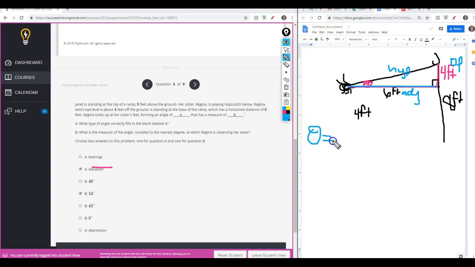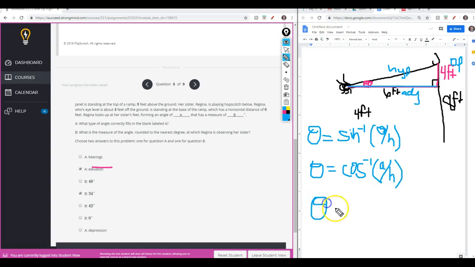The angle could either be sine inverse of opposite over hypotenuse side length, or the angle could be cosine inverse of the adjacent divided by the hypotenuse, or the angle could be the tangent inverse of the opposite over the adjacent.